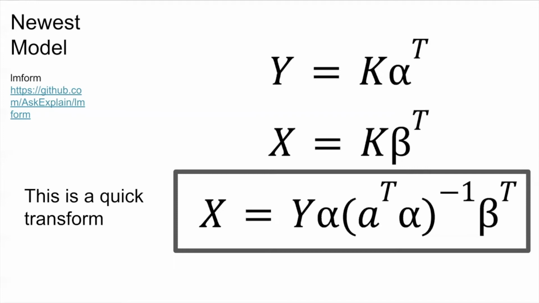So if X is 10,000 samples by 30,000 genes, then beta would be 30,000 genes by D dimensions. And so alpha would also be 30,000 by D, but alpha transpose would be D by 30,000.